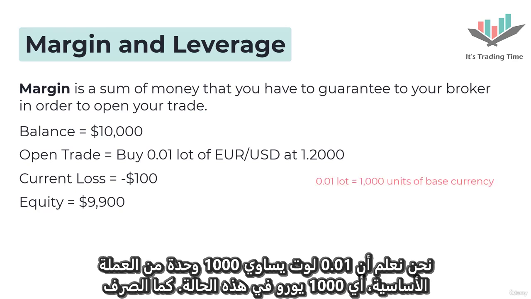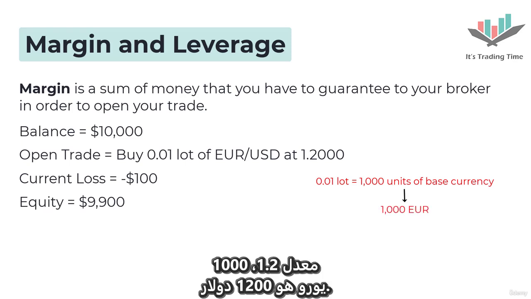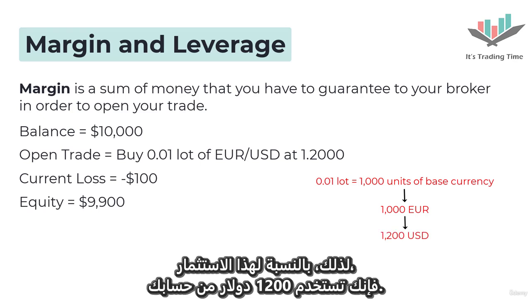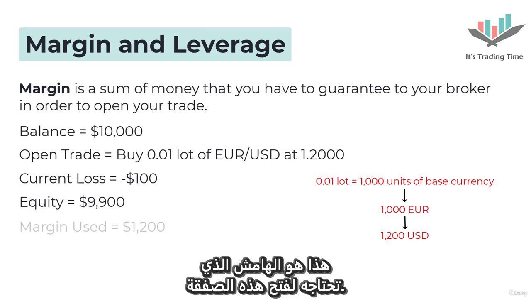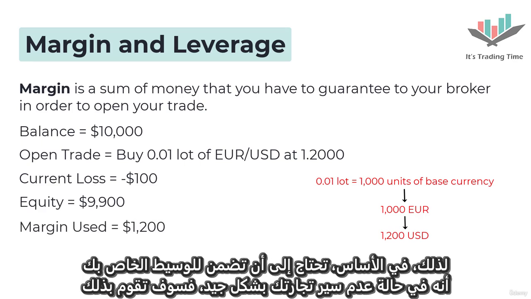We know that 0.01 lot is 1,000 units of the base currency, so 1,000 euros in this case. At the exchange rate of 1.2, 1,000 euros is $1,200. So for this investment, you are using $1,200 of your account. This is the margin you need in order to open this trade.